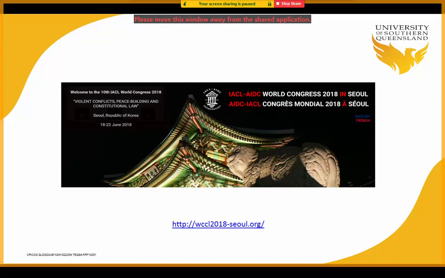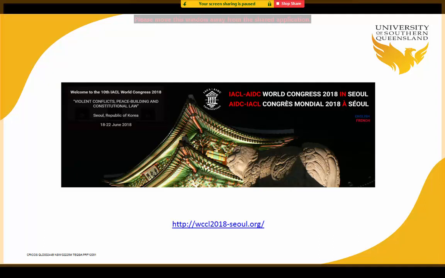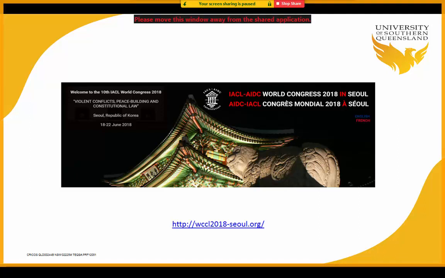In fact, you cannot become a member of the IACL unless you have a recommendation. First, you have to be a member of your own association, the Australian Constitutional Law Association, and then you have to be nominated for this international association, and then you could become part of the World Congress. But if you want to go and present, or attend, you can still, of course, register and be part of that.